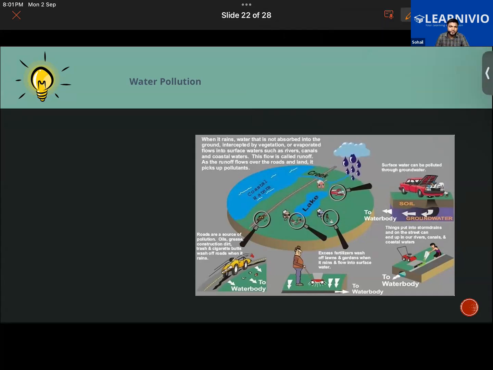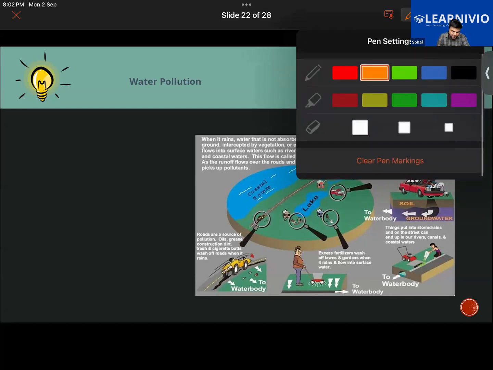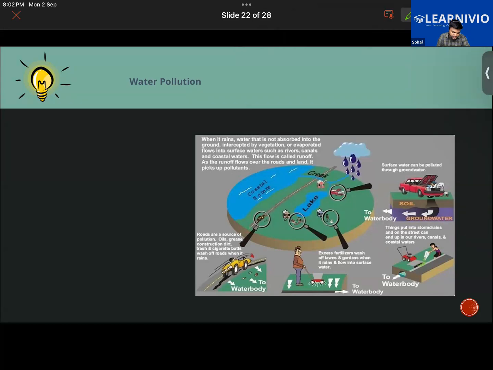How much of the surface of the earth is covered with water? About 71% of the earth's surface is covered with water, while the remaining 29% is land.